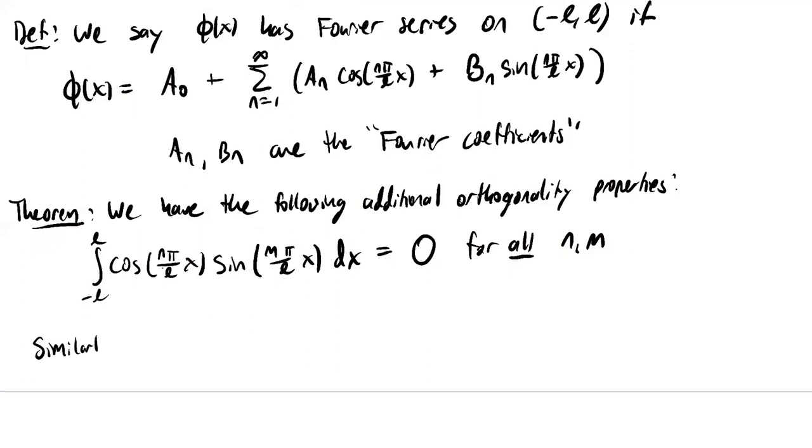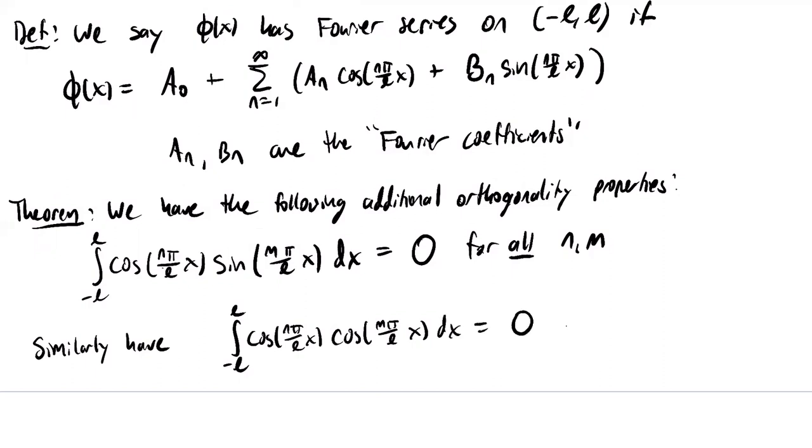And so similarly, we still have the previous formulas. So if I look at the integral from negative L to L of cosine n pi over L x times cosine m pi over L x dx, this is equal to 0 if n doesn't equal m, right? The only difference being that the interval is now negative L to L, not 0 to L, but otherwise, it's the same thing, and then you can do the same calculation to check.